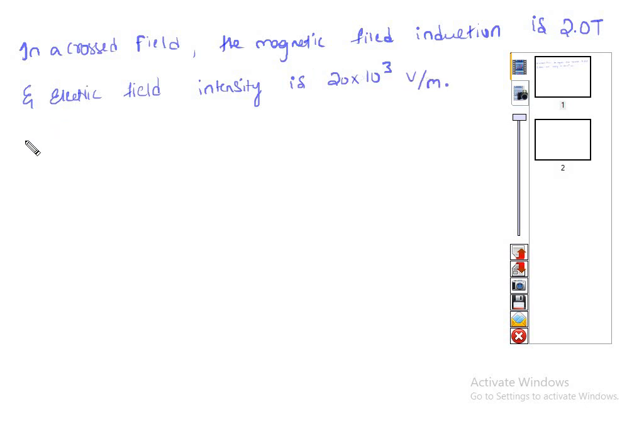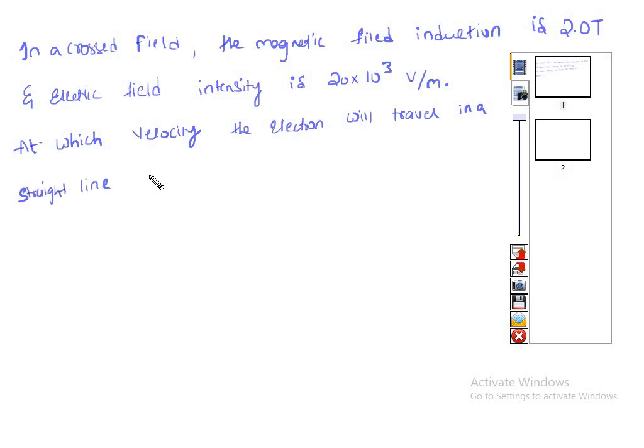At which velocity will the electron travel in a straight line without the effect of electric and magnetic fields?